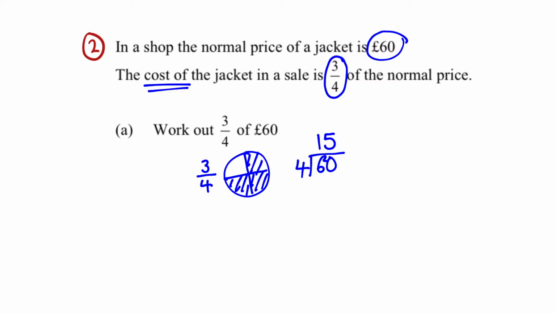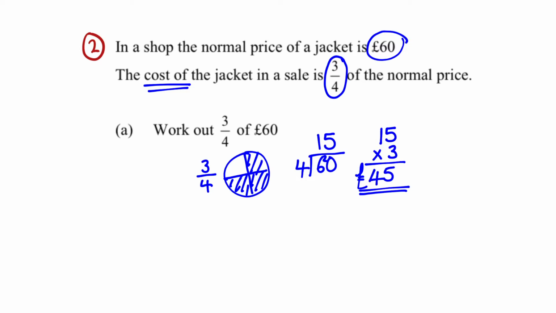So 1/4 of 60 is 15. But we don't want 1/4, we want 3/4. So we're going to do 15 times 3. However way you work that out doesn't really matter. We're going to get 45. And remember, we're dealing with pounds. So the answer there is £45.